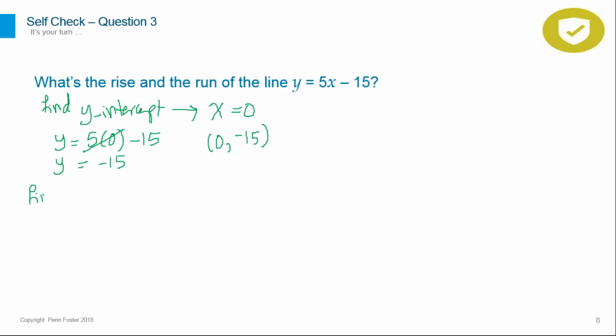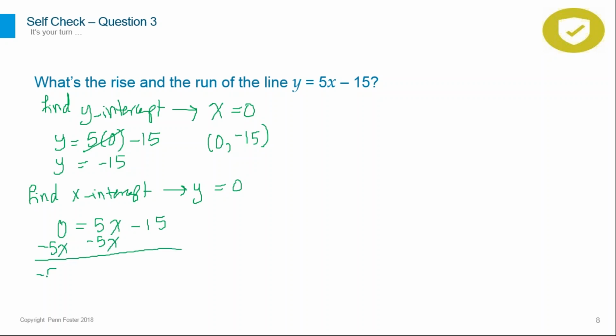And then find the x-intercept this time. We get that from setting y equals 0. So 0 equals 5x minus 15. Bring the 5x to the other side, so subtract 5x from both sides.